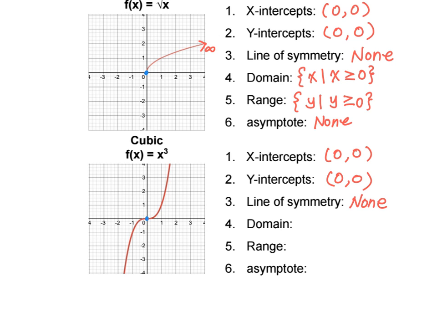The domain is growing to both sides, which means x is such that x is an element of all real numbers, and the range is the same. It's growing up and down, so y is such that y is an element of all real numbers. Asymptote: none.